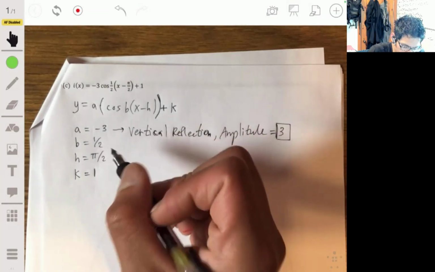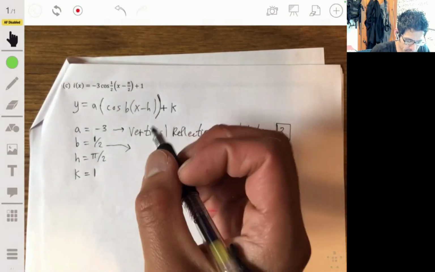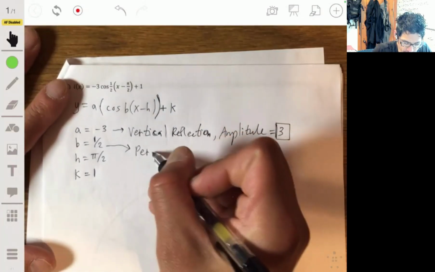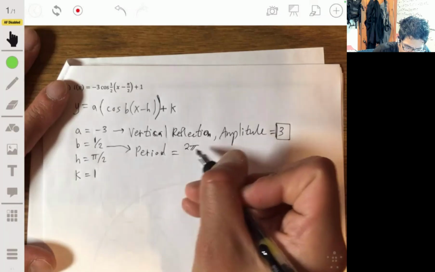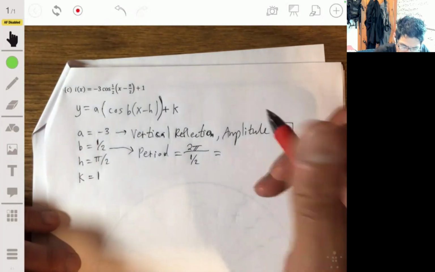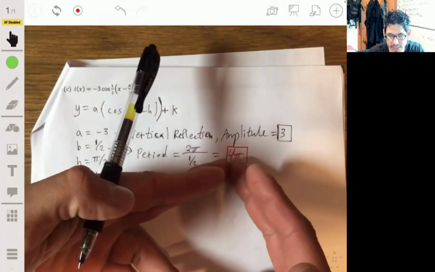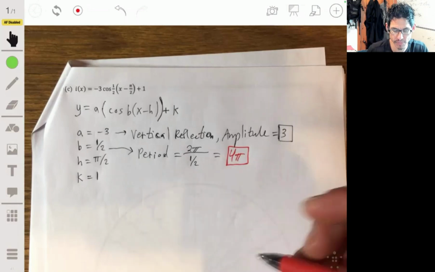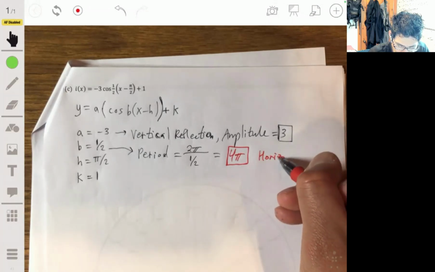Now for the B, we have to look at the period. Whenever the B is not equal to 1, which has been the case in the 2 examples before, here in this case it's 1/2. So what we do is use this equation for the period, which will always give you the period: the period is equal to 2 pi divided by B, or in this case, 2 pi divided by 1/2, which will be 4 pi. So this stretches it horizontally. Remember, the period is normally 2 pi, but we have 4 pi, so the period is twice as long. We can say a horizontal stretch of factor 2.